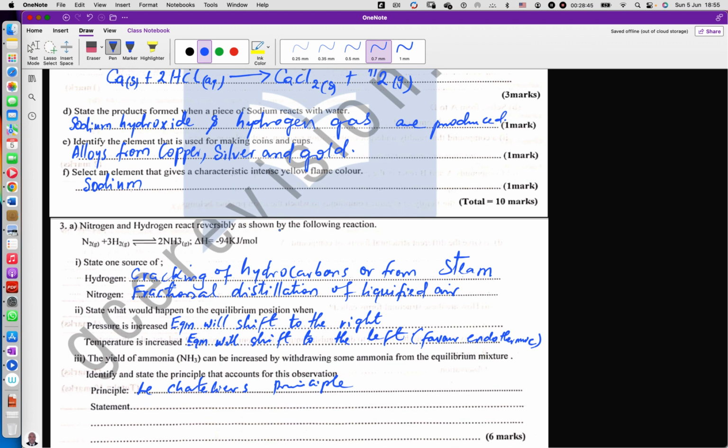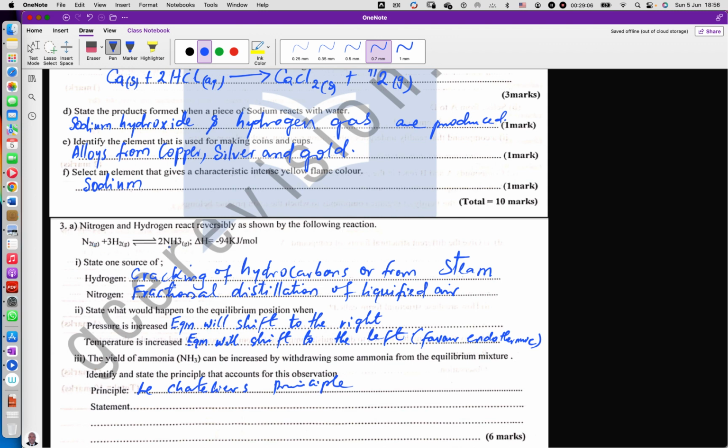3A2. State what would happen to the equilibrium position when pressure is increased. Excellent. You know that in an equilibrium like this, this is a gaseous reaction.